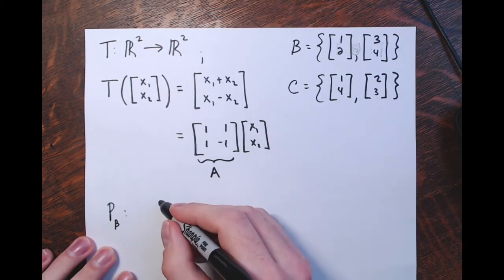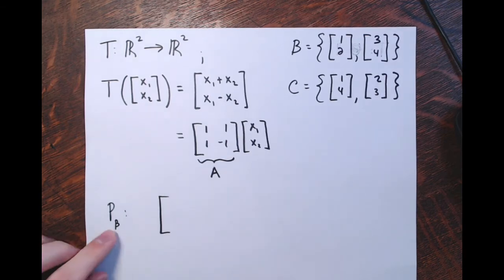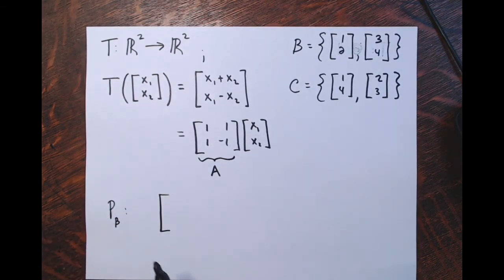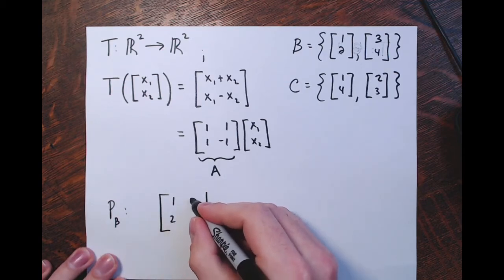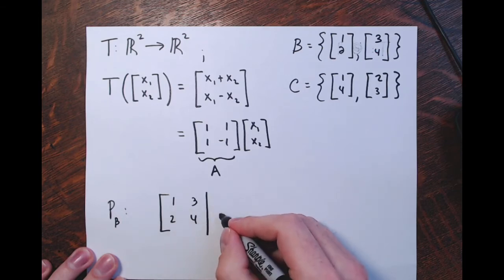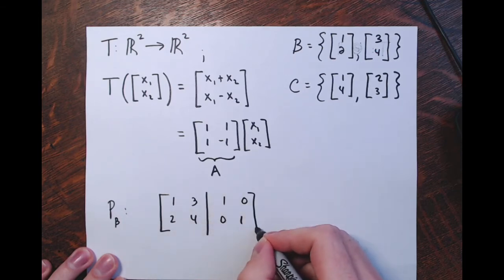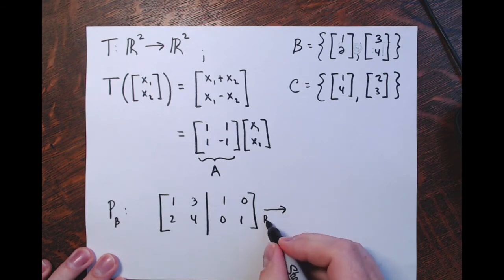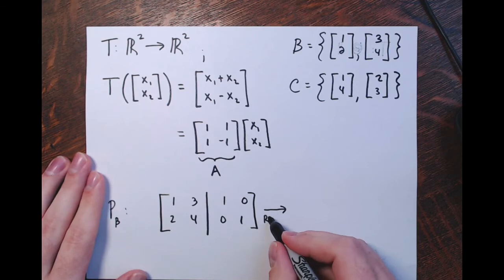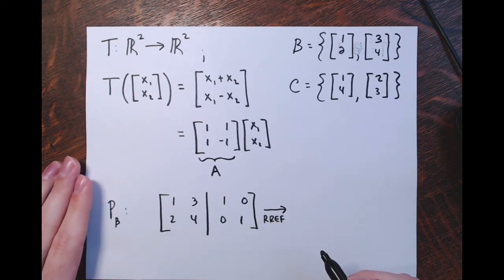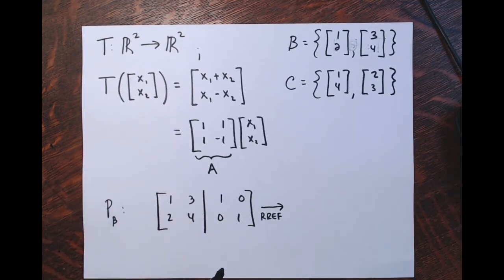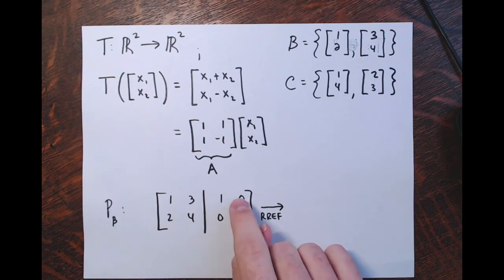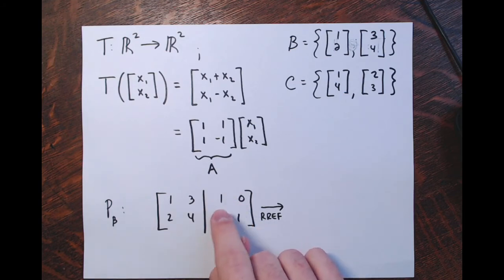So to find PB, again, this is the transition matrix from the standard basis to basis B. I make an augmented matrix here where I put the vectors of B down these columns, and then the standard basis vectors over here, 1, 0, 0, 1, and then put this into reduced row echelon form. Now really, since this is the identity matrix here, really all I'm finding is the inverse of this, so this won't be so bad.